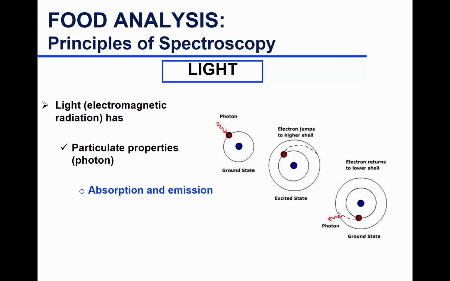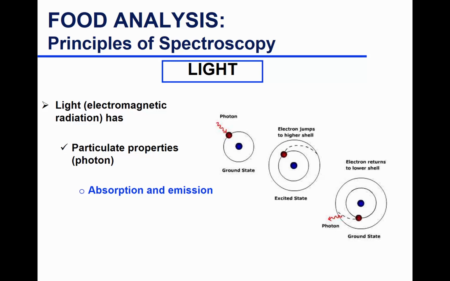The atom in the excited state carries the energy equivalent to the energy of the photon that struck it. That is what we call absorption of light. When an electron jumps from the ground state to an excited state, a lower shell to a higher shell, it's absorbing the photon of light.